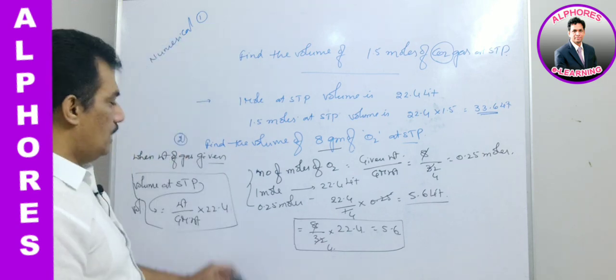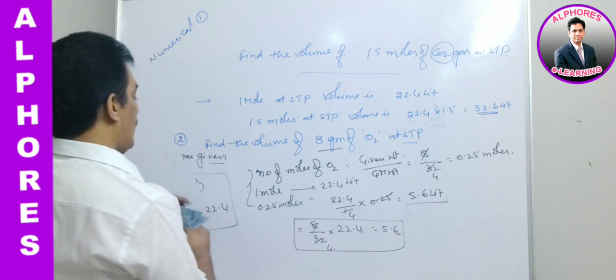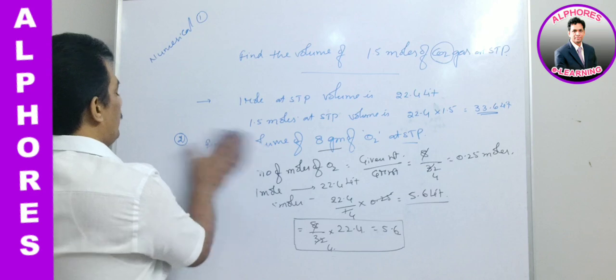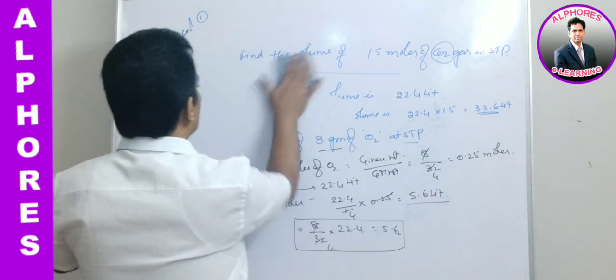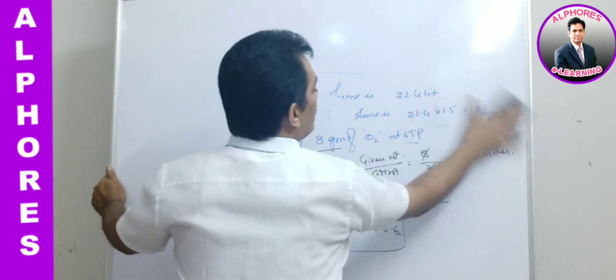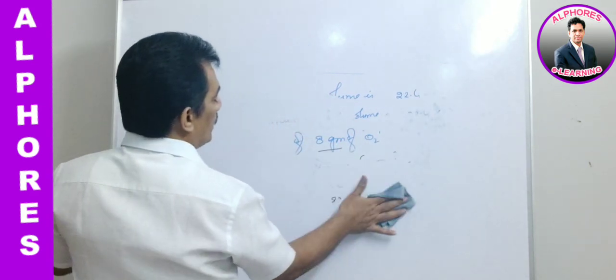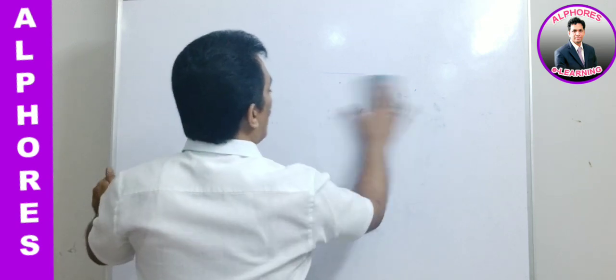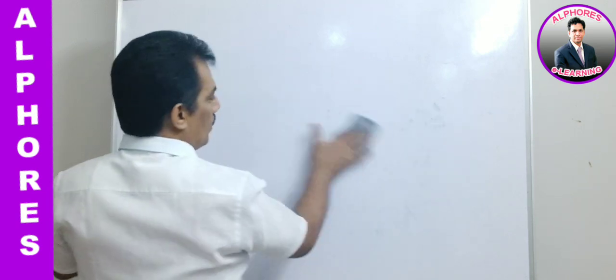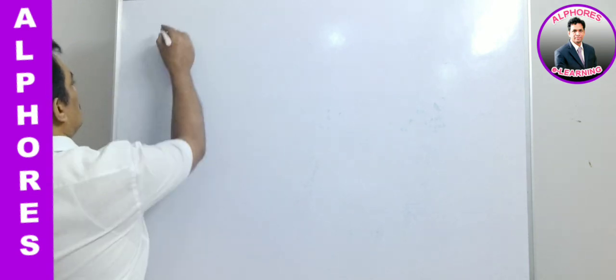Clear? And now let us go for the third type of numerical, where instead of giving the weights and the moles, they are giving molecules. So when they are giving the molecules, how to find the volume occupied by given molecules of the gas? For that purpose, let us write the third model.